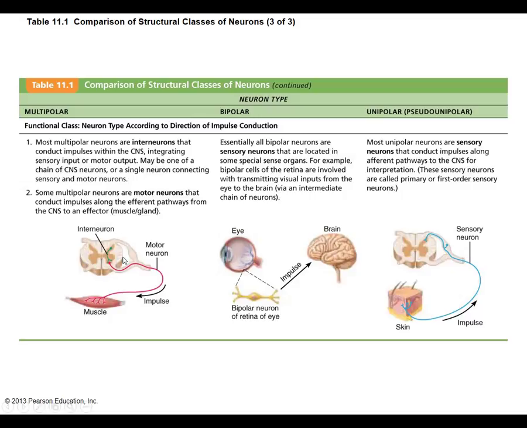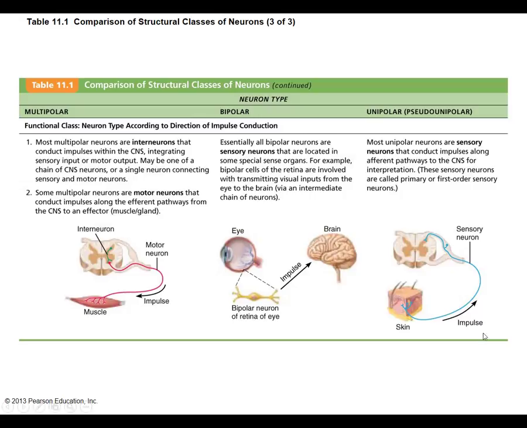A multipolar neuron means it has multiple extensions, and it can control multiple different muscle fibers. Bipolar has two directions on the end of it, so it can send and receive information back and forth. A unipolar, which a lot of them are, is sensory only, and they just send it directly to the brain. The brain or central nervous system can figure out what it wants to do, so it's sensory only.